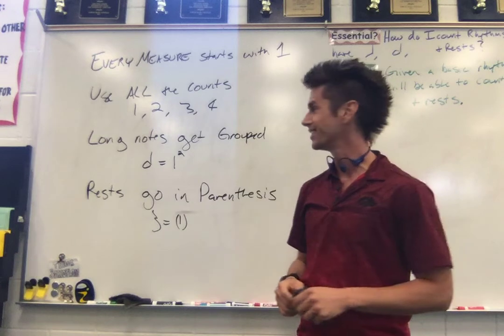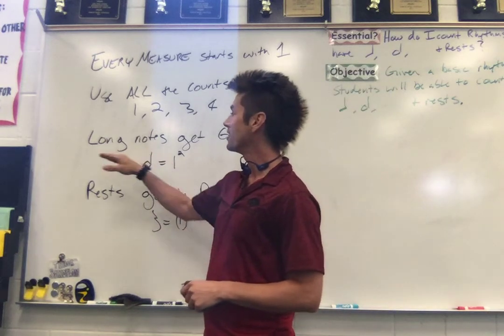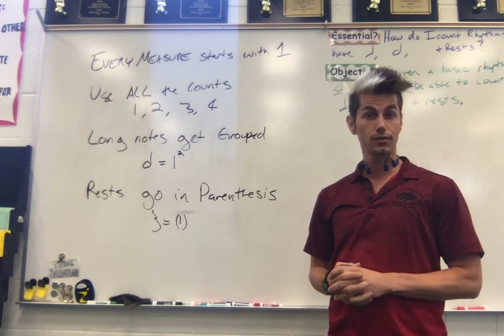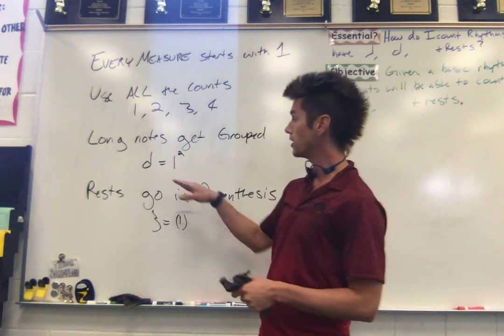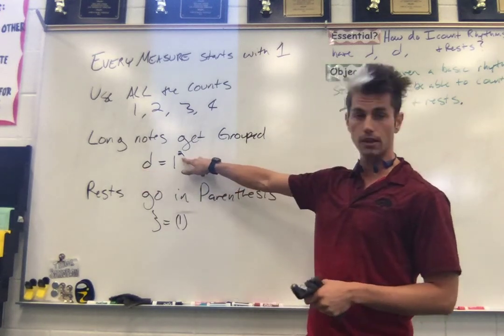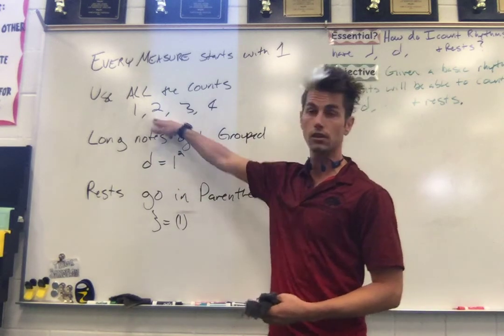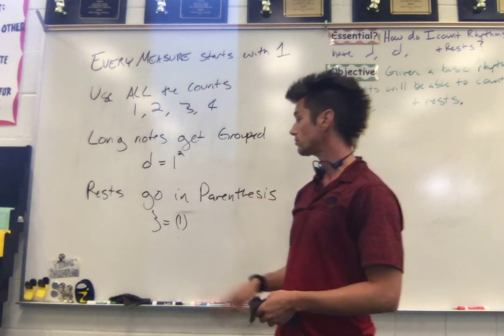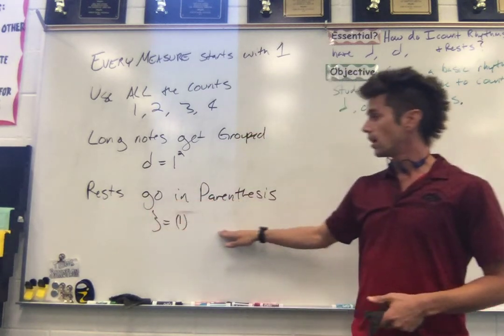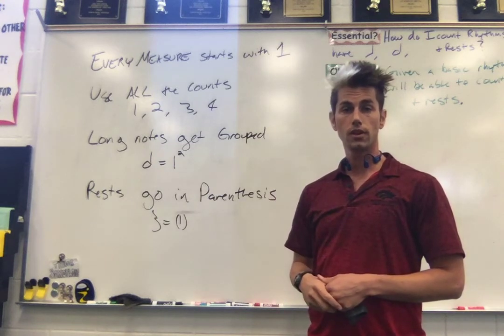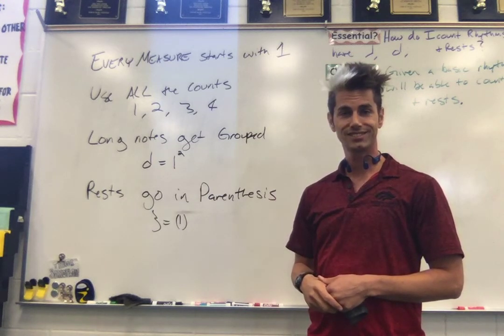Rule 3. Long notes get grouped, kind of like exponents, or powers, if you know what those are. So a half note has a big number and a little number, grouped together, so that we know all those counts go to that half note. And all rests go in parentheses, so we know that they're silent.